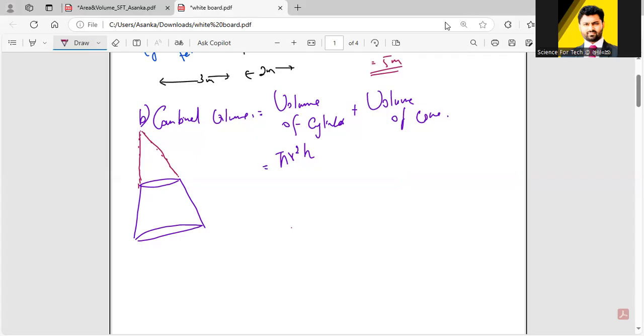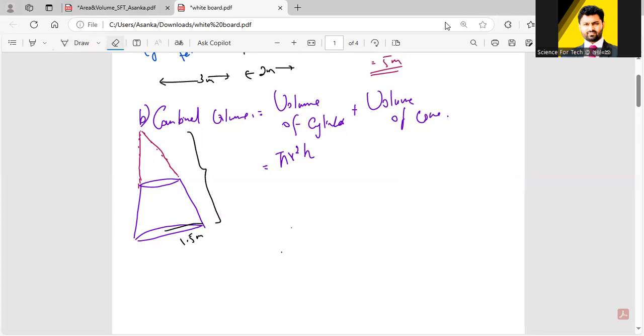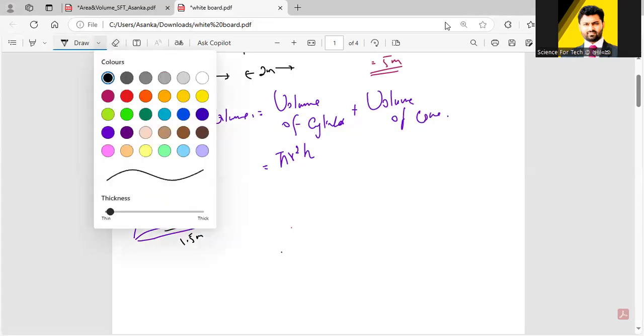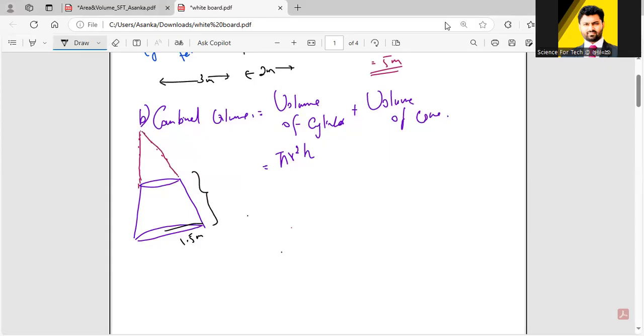We have the data. From here to here, the radius is 1.5 meter. We actually don't know the perpendicular height from the bottom to this point, but from here to here we know it is 2 meter.